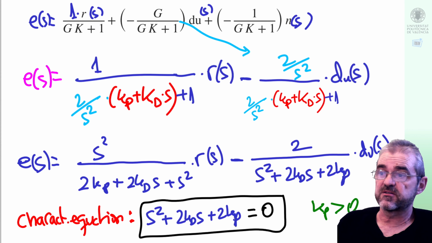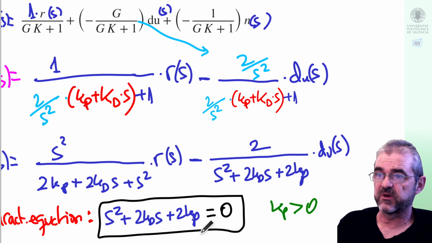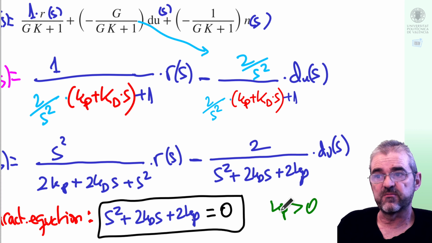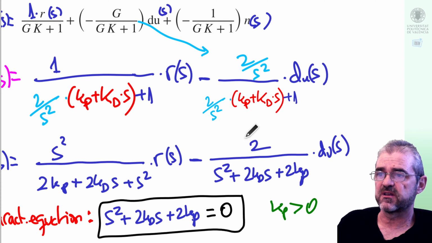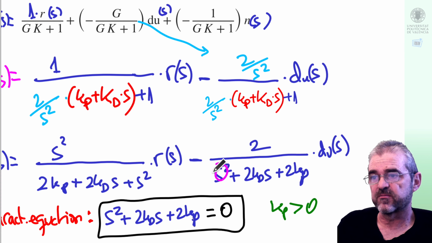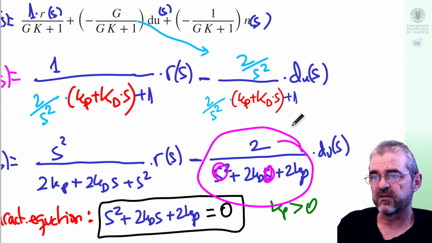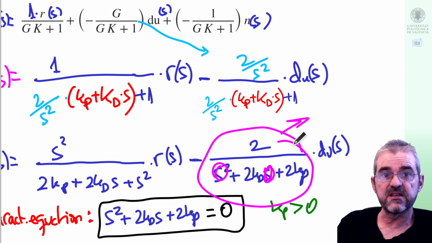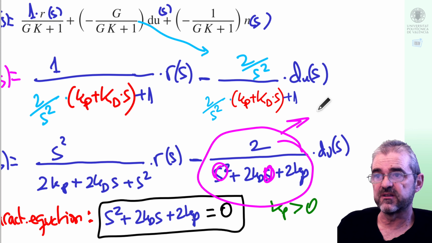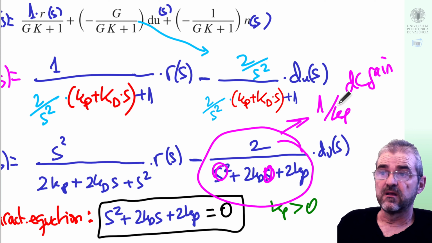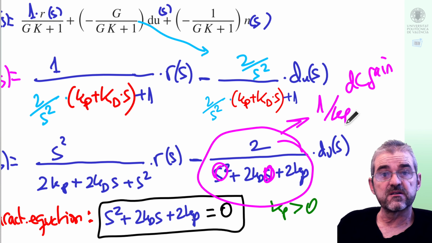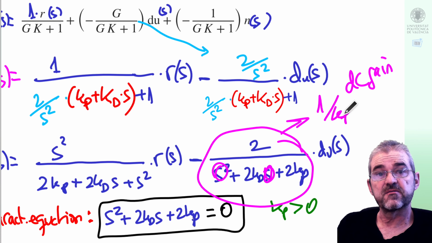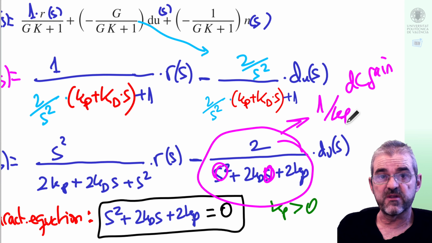And regarding the disturbance rejection performance, well, in this case, we also discussed it in more detail in previous videos. The thing is that if I replace the s variable by 0, then this number is called the DC gain of this transfer function. It is 1 over kp. And then this is the constant that multiplies the input to give me the output when every transient has ended, if the transient is stable.